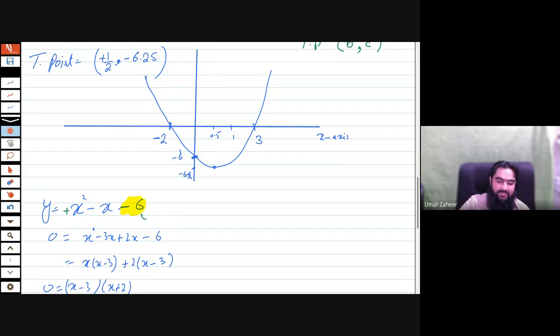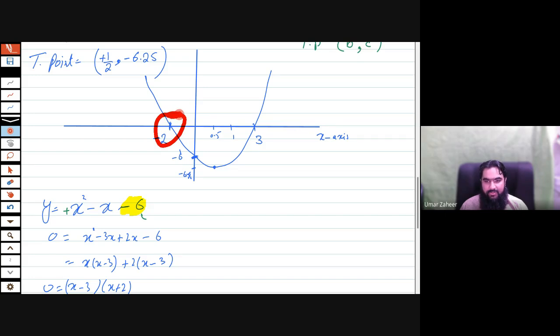So always remember, if the examiner gives you a quadratic graph, you must know how to find the x-intercepts, y-intercept, and the turning point. How many things do we have in the quadratic graph? Three things: x-intercepts, y-intercept, turning point. For the x-intercept, you have to take y is equal to 0.